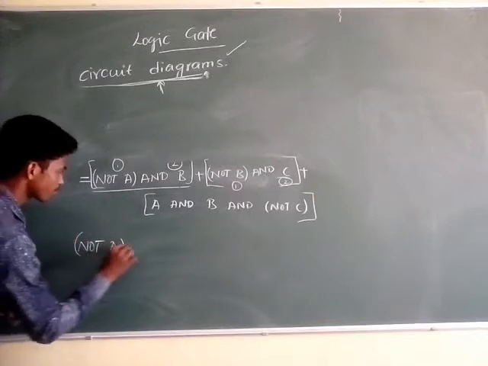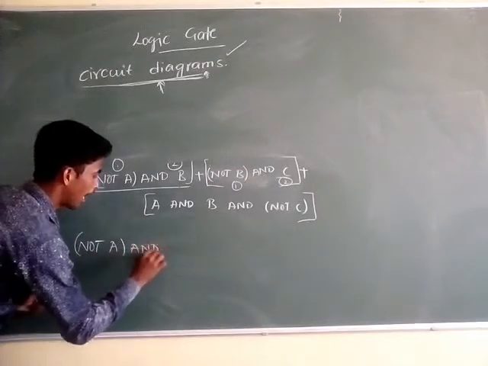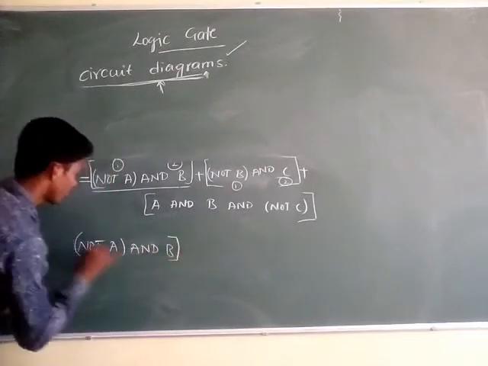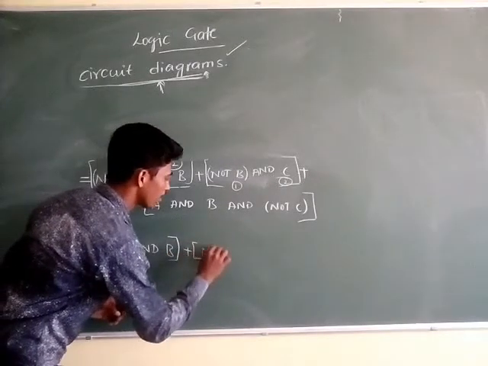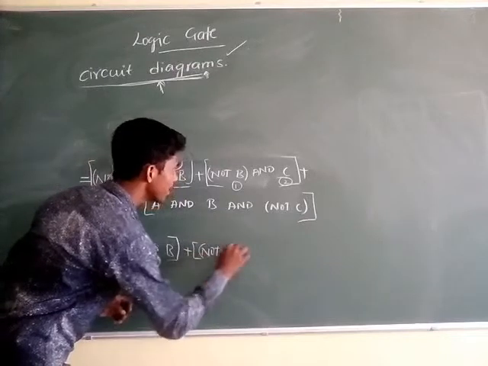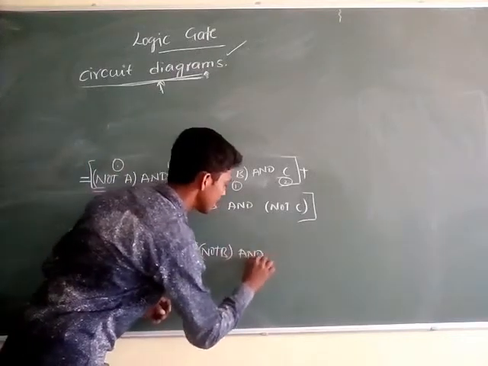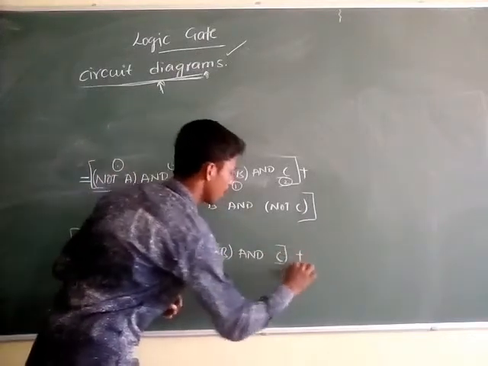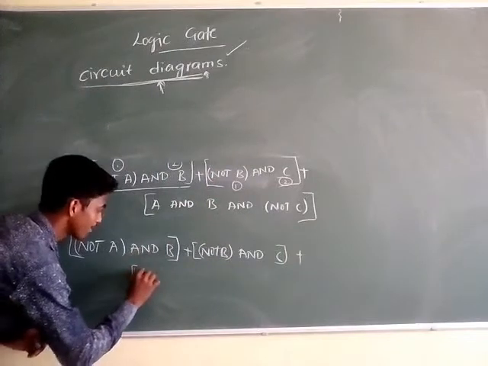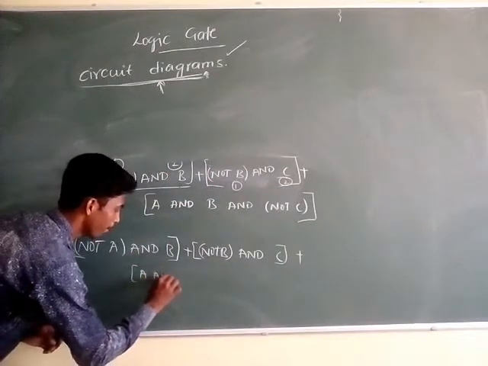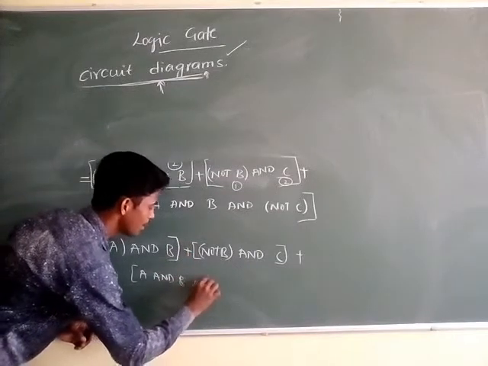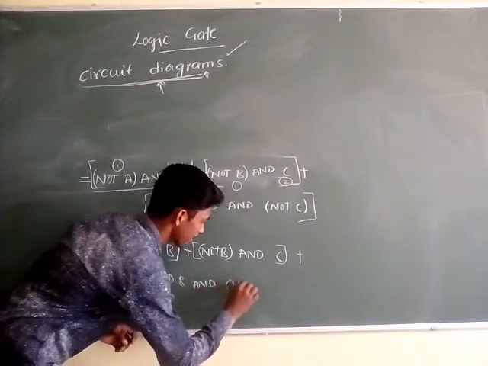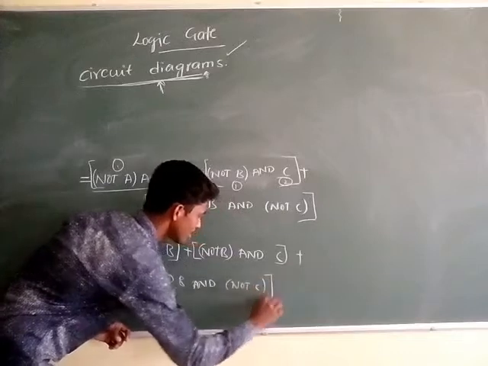Not A and B. This is the first AND gate. Second one, not B and C. This is the second AND gate. Third AND gate is A and B and not C. This is the third AND gate.